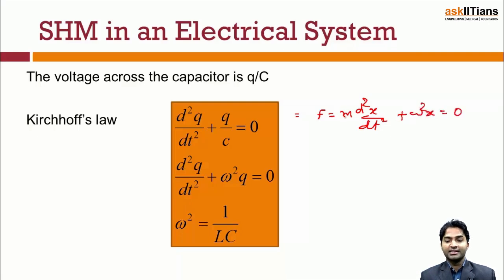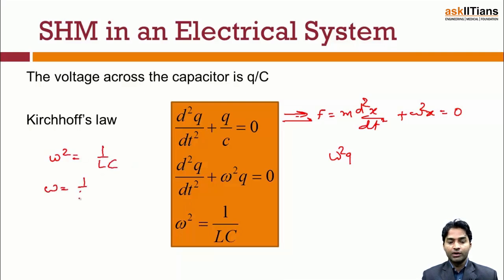So on comparing this equation with the restoring force equation, we get d2q upon dt square plus omega square into q, so omega square should be equal to 1 by L c. So finally we get omega square equal to 1 upon L into c.